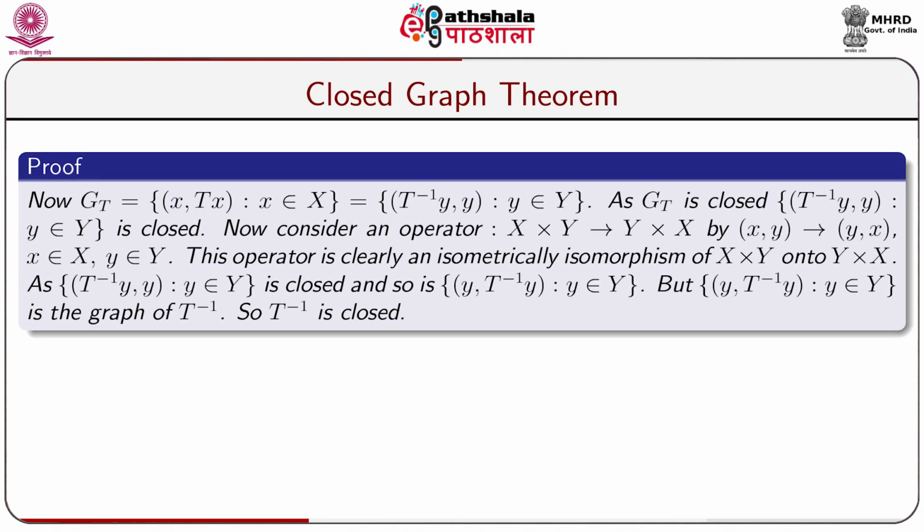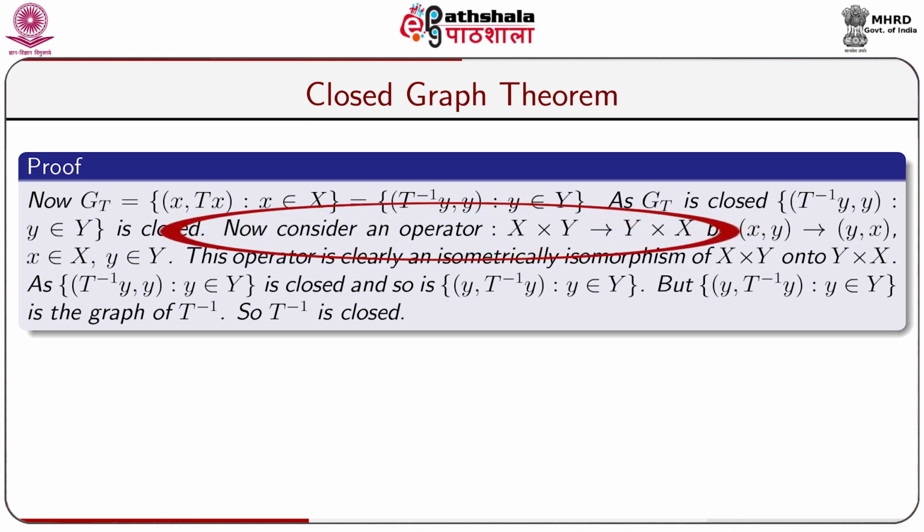Now GT is equal to the collection of all elements taken pairwise, that is (x, Tx), where x belongs to capital X, which is equal to (T inverse y, y), where y runs over capital Y. As GT is closed, the set of pairs (T inverse y, y), where y belongs to capital Y, is a closed set.